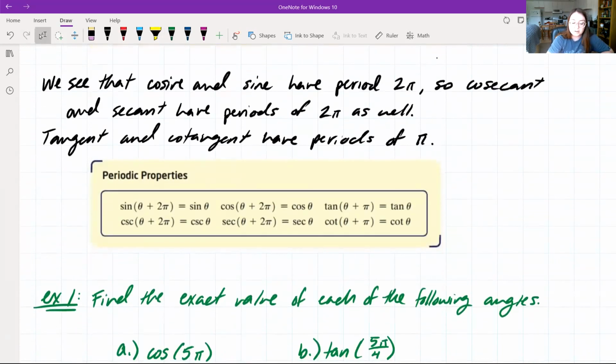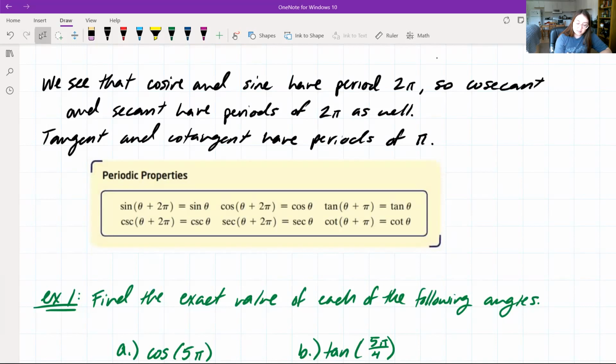So we see that sine and cosine have a period of 2 pi. Cosecant and secant also have periods of 2 pi, since we know that cosecant is just 1 over sine, and secant is 1 over cosine. Tangent and cotangent have periods of pi, so they're the only different ones. Sine, cosine, cosecant, secant all have periods of 2 pi; tangent and cotangent have periods of pi.